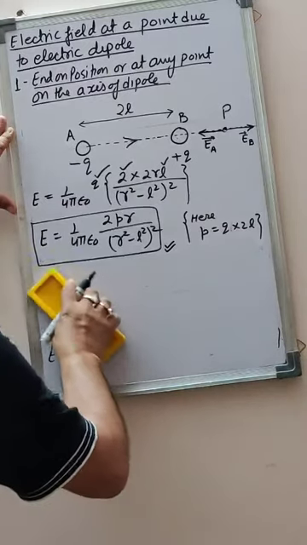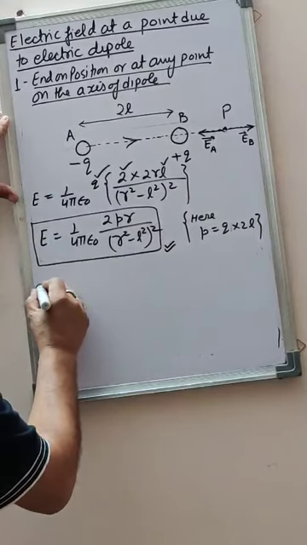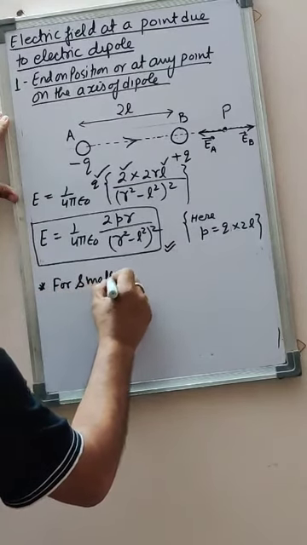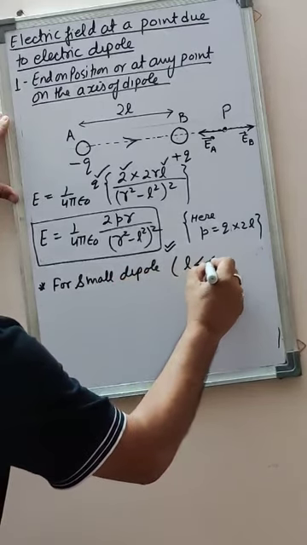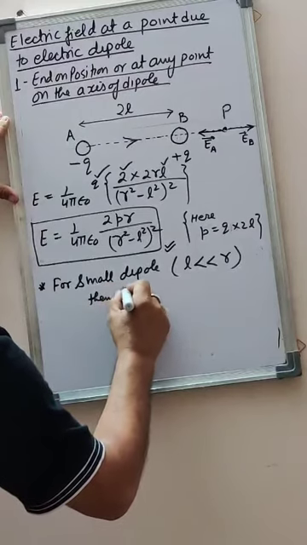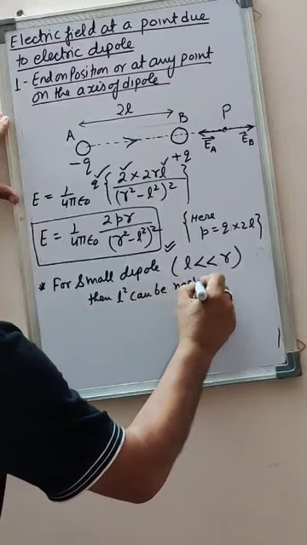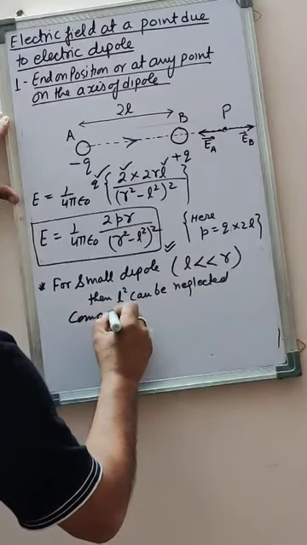Further, for a small dipole, if he says a small dipole, L is much less than R, then L square can be neglected compared to R square.